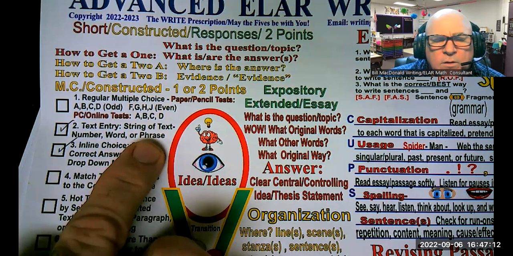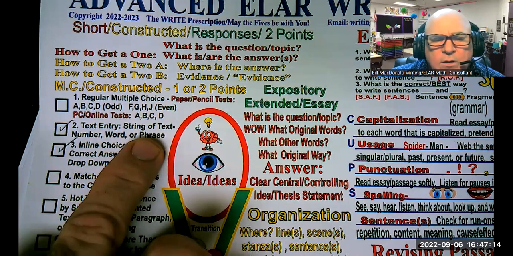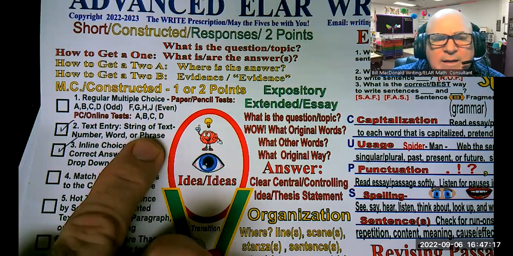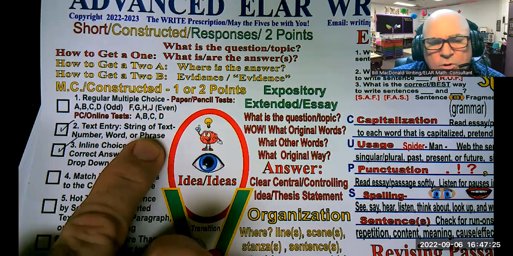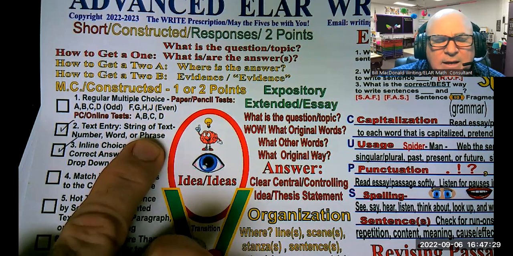It's good to see the official answer, which is what I'll show you in the online test, and then what the student wrote, so that you can see if there is enough of the answer that's correct to give the student the point in this format.